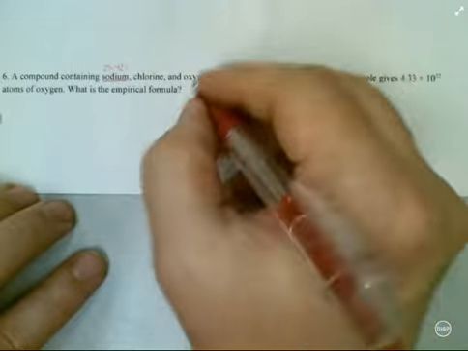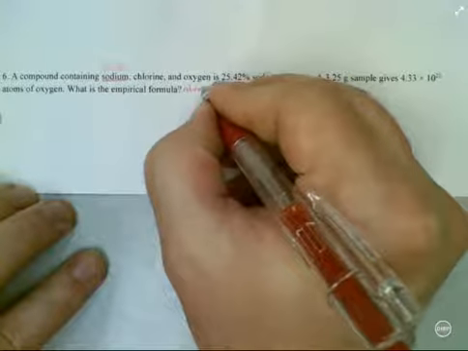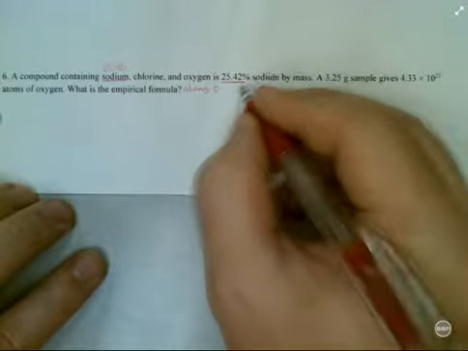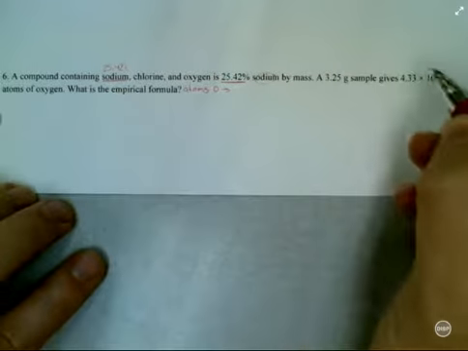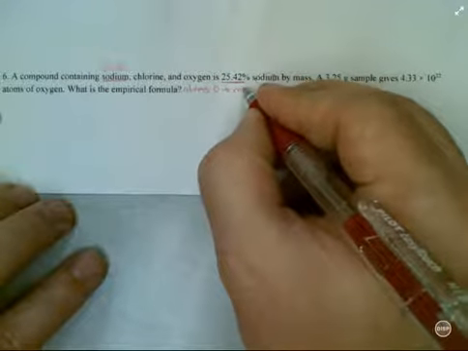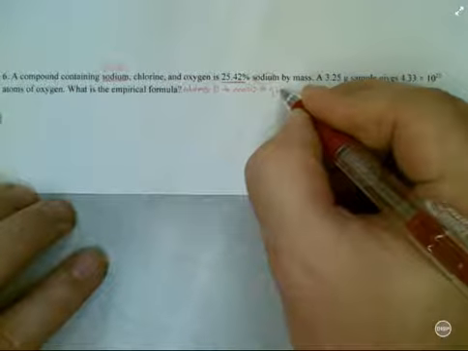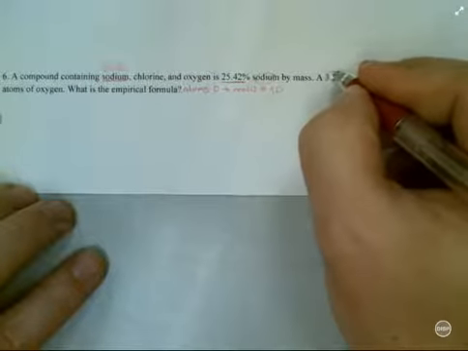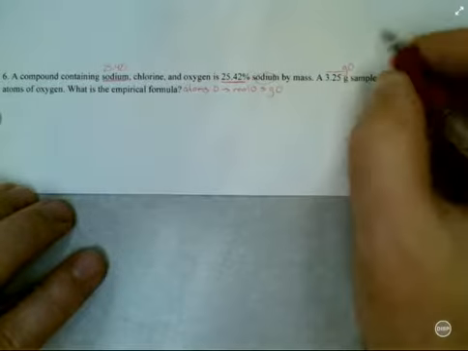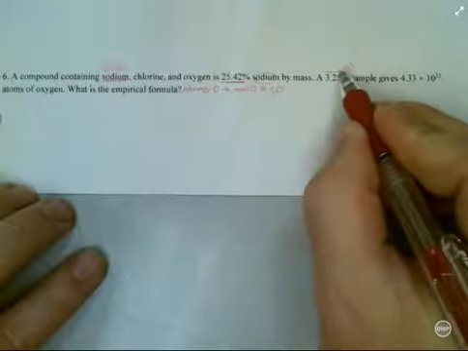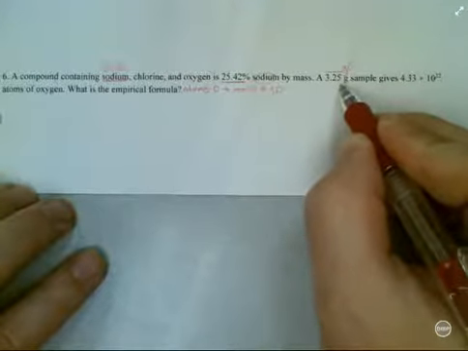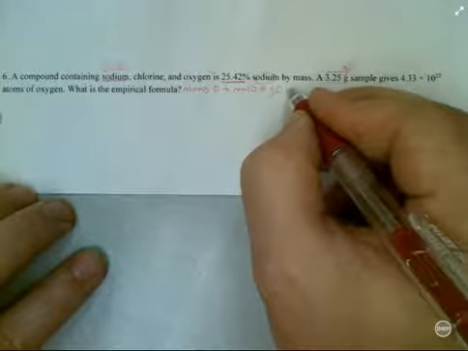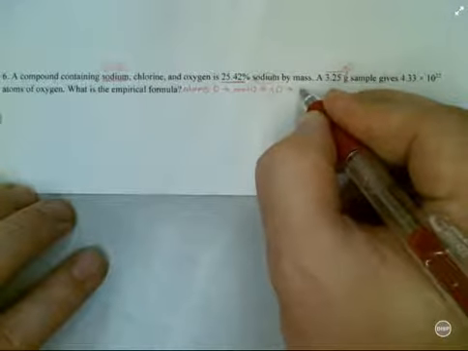We're going to go from atoms of oxygen, use Avogadro's number to convert to moles of oxygen, then use the molar mass to convert to grams of oxygen. Now that we have grams of oxygen, we can set up a calculation in which we divide however many grams of oxygen we have by the total sample. And what's that going to give us? That's going to give us the percent oxygen.